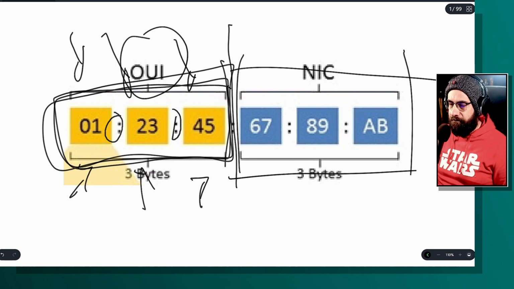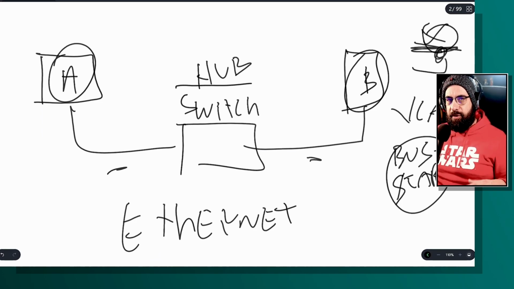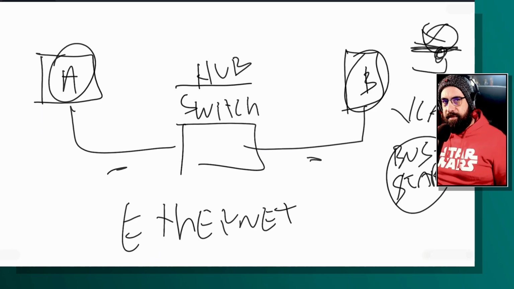Okay. So as a quick summary, MAC addresses are used to identify devices on the local network. They behave similarly in Wi-Fi and cable networks. Wi-Fi is slightly different, but that's for another video.